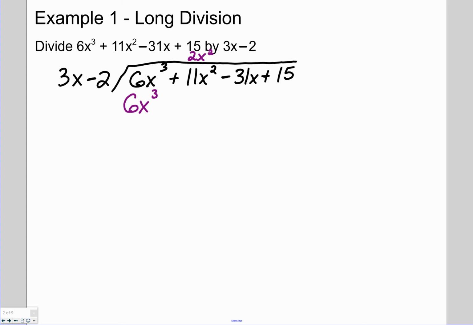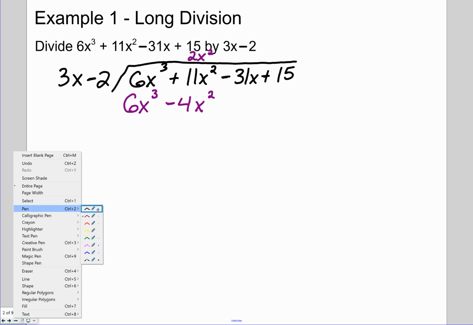Now, there's something else out here, this minus 2, that I need to multiply by. What is 2x squared times minus 2? Negative 4x squared. Do you remember what operation you do with the black terms and the purple terms? You subtract. Very good. All right, so I'm going to subtract.